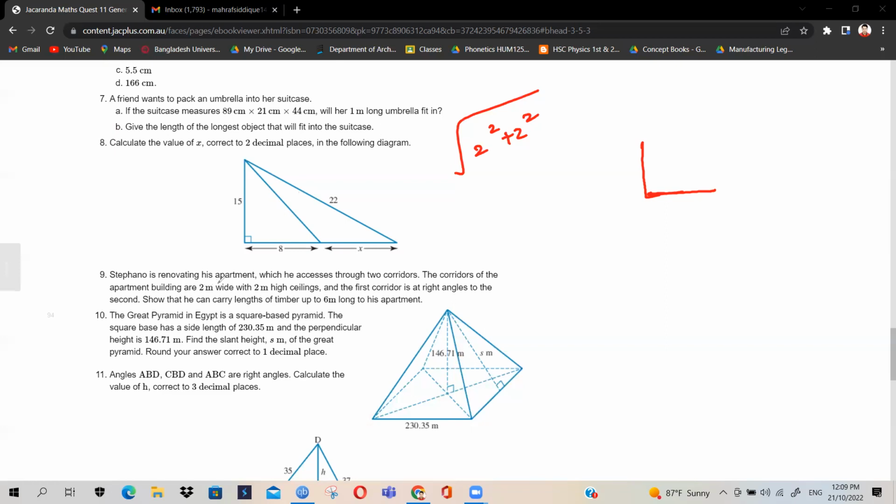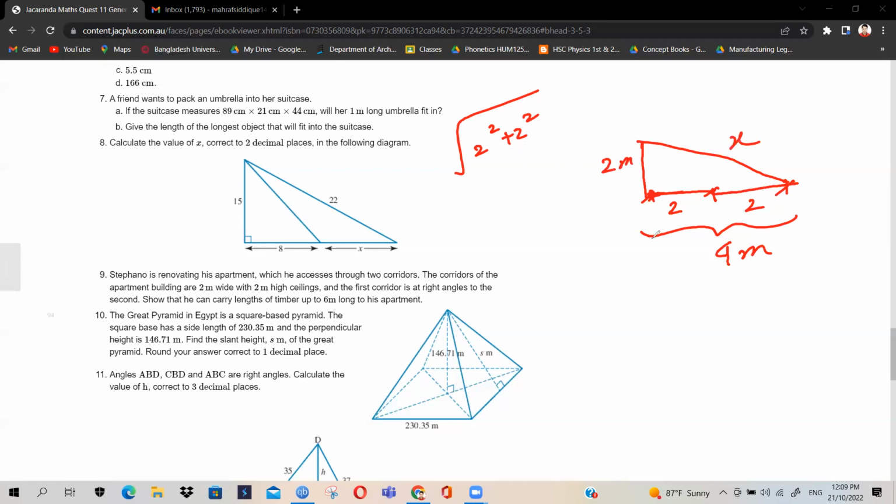If each of the corridors is 2 meter wide, what will be the total width we are getting? 2 plus 2 equals 4 meters. And the height will be the same. Whatever the width of the corridors, the height remains the same, 2 meters.